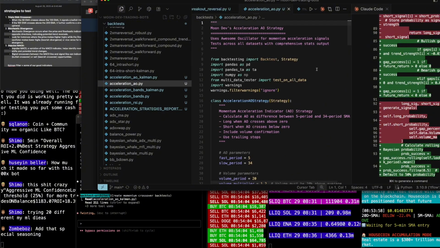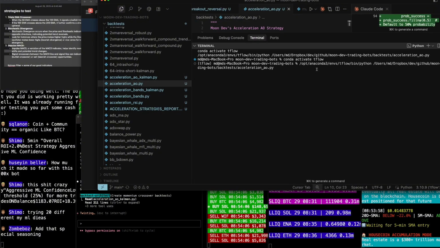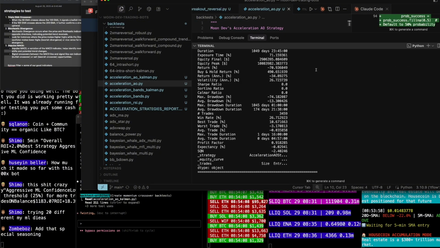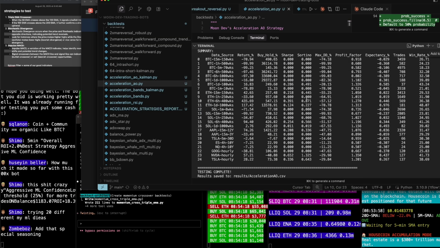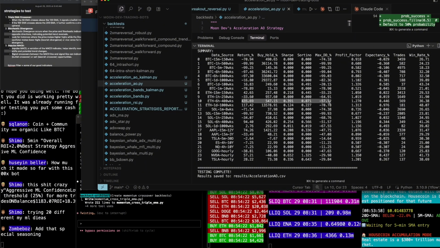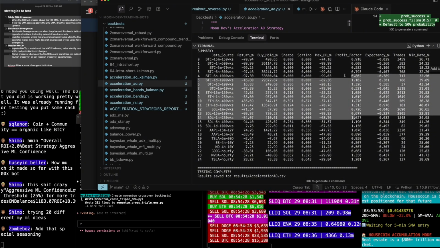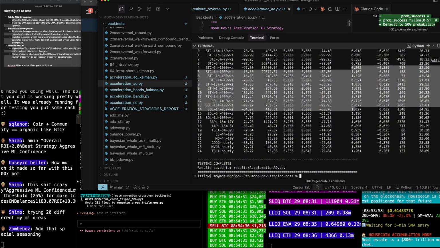So this is my way of testing things. That's special seasoning. That's sazon. Okay, let's see what these ones are looking like. 435. Profit factor is crazy. That's good. Good profit factors.